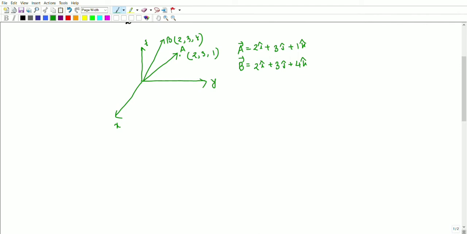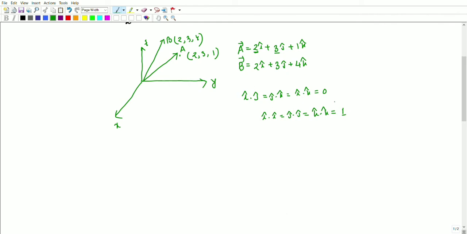So if you see, to represent different vectors, here we are changing only the coefficients of the i, j and k caps. These i cap, j cap, k cap remain the same, only the coefficients are changed. So here these i cap, j cap, k cap are called basis vectors, and since they are mutually perpendicular to each other, if we take the dot product among them, then we'll have 0. And if we take the dot product of each with itself, i cap with i cap, j cap with j cap, k cap with k cap, then we'll have 1, meaning their individual magnitude is 1.